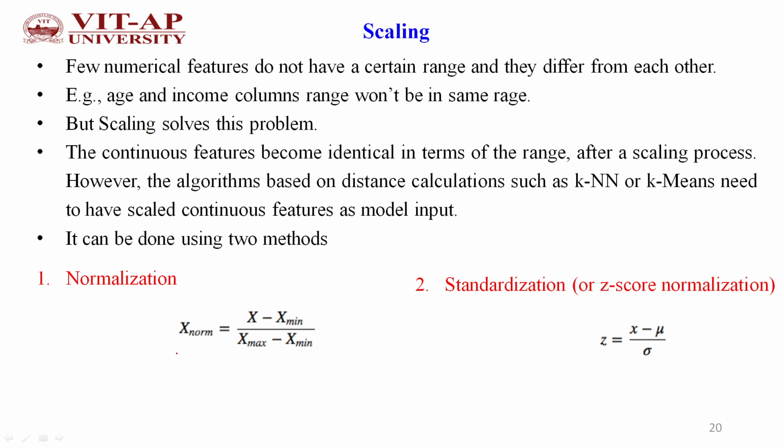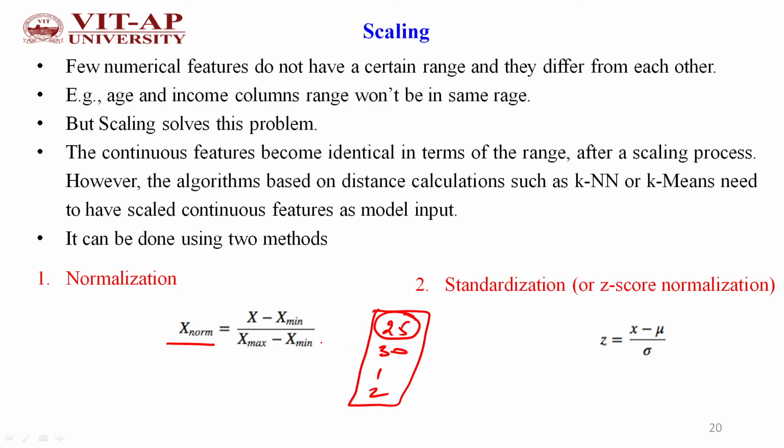Normalization is x minus x minimum, divided by x maximum minus x minimum. Suppose I have a feature with values 25, 31, 2, and so on. This is the x value, and we have to calculate for each x value.